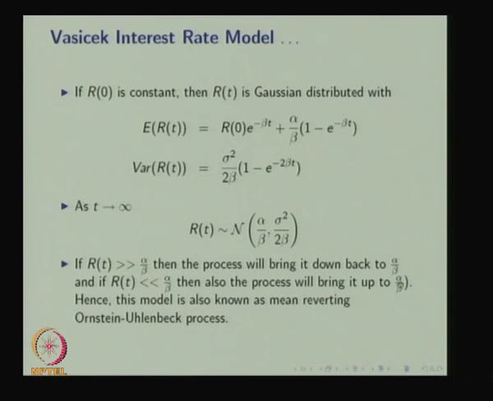Because of this property, if R of t is much higher than alpha by beta, the process brings it down back to alpha by beta. If R of t is much lower than alpha by beta, then also the process will bring it up to alpha by beta. Therefore, it's called a mean reverting OU process.